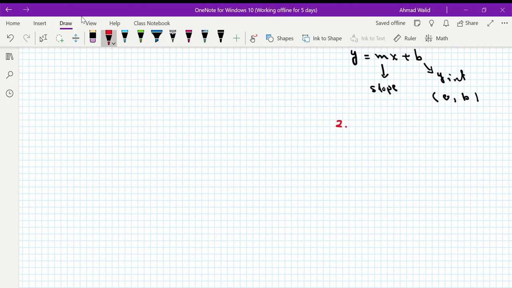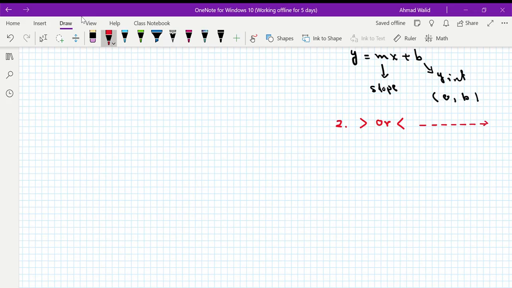Number 2, when you graph a line, if you are dealing with greater or less than, always use a dash line. It means when you are graphing, your line will be dashed.